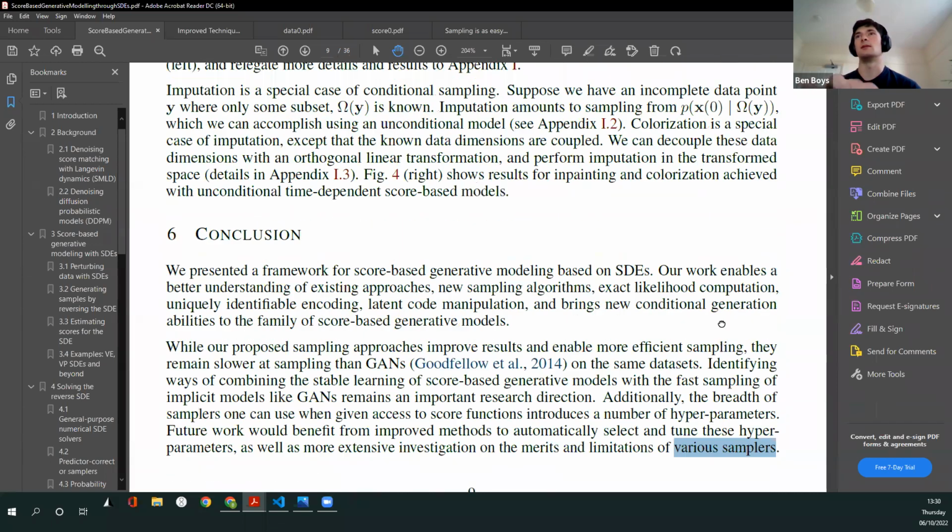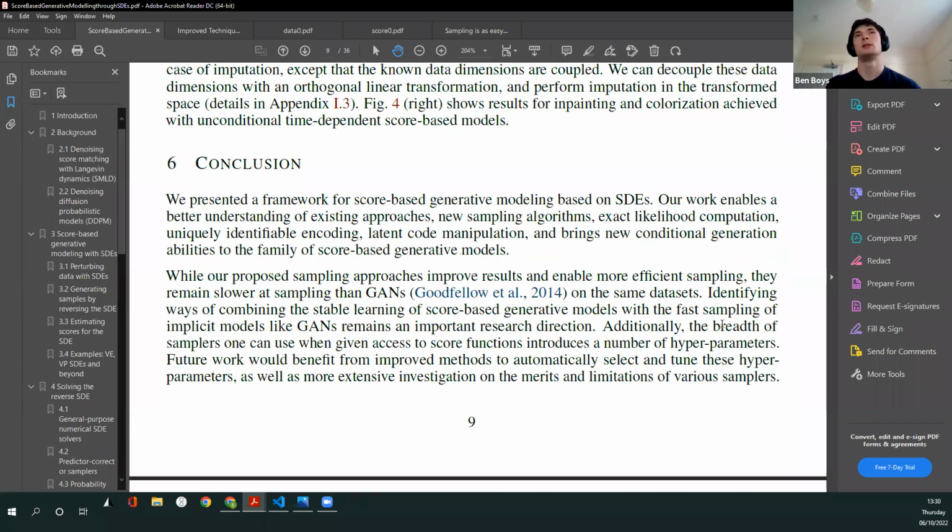But yeah, I think it's a really interesting paper, because the empirical performance is very good and much better than what's previously been possible for sampling from high dimensional data with pretty much any realistic data distribution.